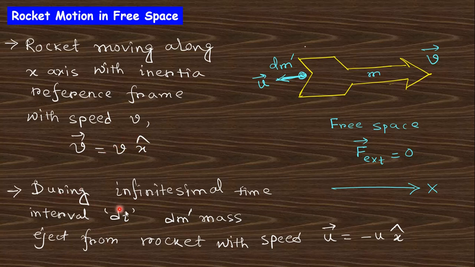During an infinitesimally small time dt, a mass dm prime is ejected from the rocket. At this moment the mass is m and the velocity is v. After the time dt, this mass is ejected with velocity u, so it is minus u x-cap, because it is opposite to the x direction.